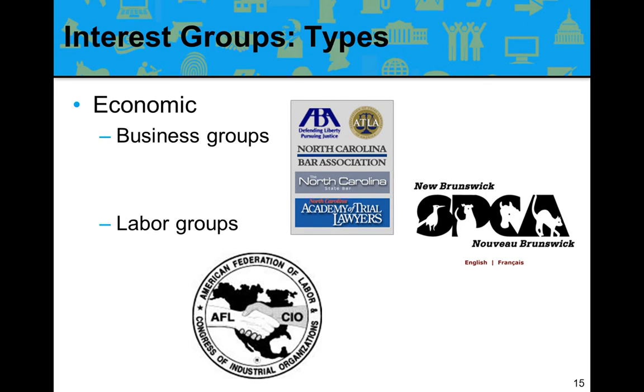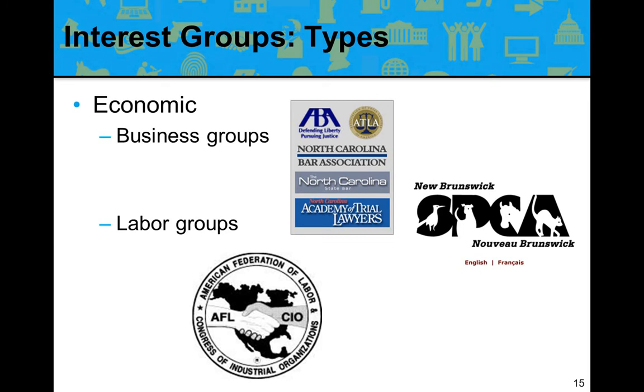Their goal is to help members make and keep money. There are different types of economic interest groups. For example, one of the largest and best known business groups in America is the U.S. Chamber of Commerce. The organization was founded in 1912, so it's been around a long time.